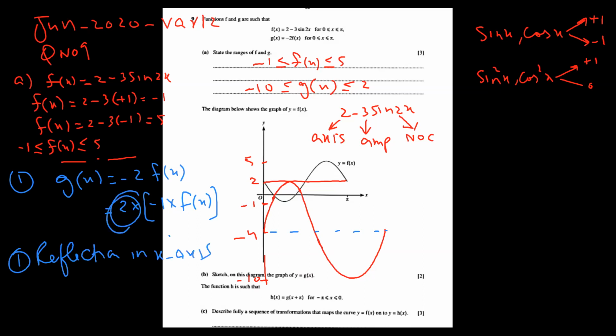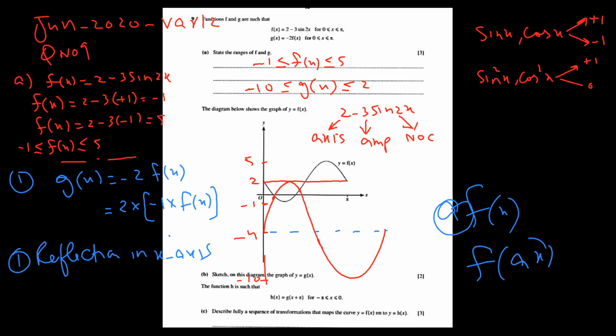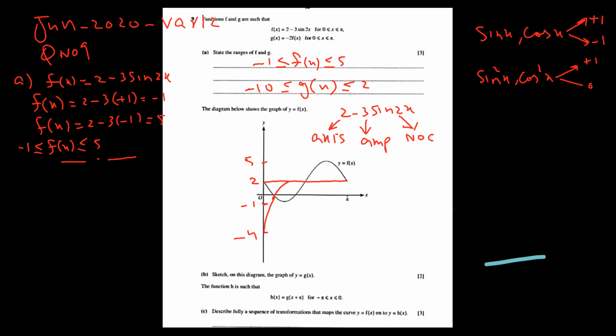And what is 2? You know that when I multiply any function by a number outside, not inside the bracket, it is called a stretch along the y-axis, and inside is called a stretch along the x-axis.